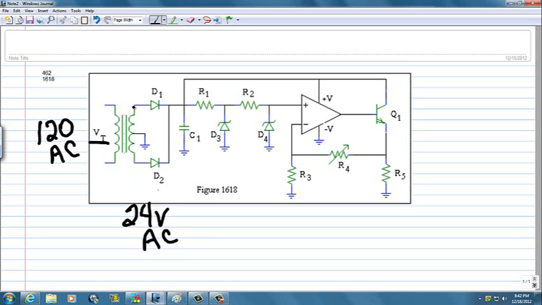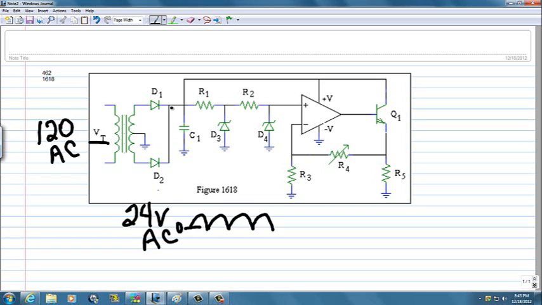AC at the secondary, but because it's center tapped and because there are two rectifier diodes, the voltage here is full wave rectified. With respect to 0, the voltage pulses only go positive.